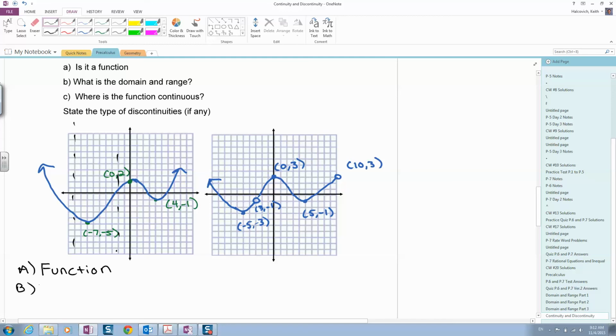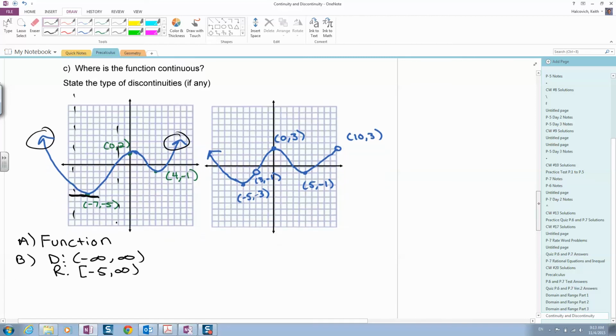Well, if you look here, the arrows here say that it goes on forever from left to right. There are no holes in the graph as we go along. So the domain is all real numbers. Looking at the range, well, it goes up forever, but notice there's a very bottom. The very bottom here is when y equals -5. So the range is from -5 to infinity, and yes, you put a bracket because it includes -5.